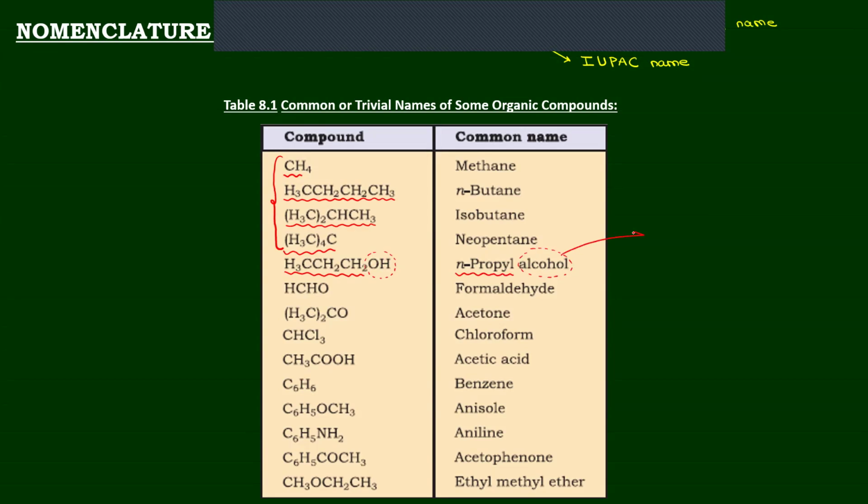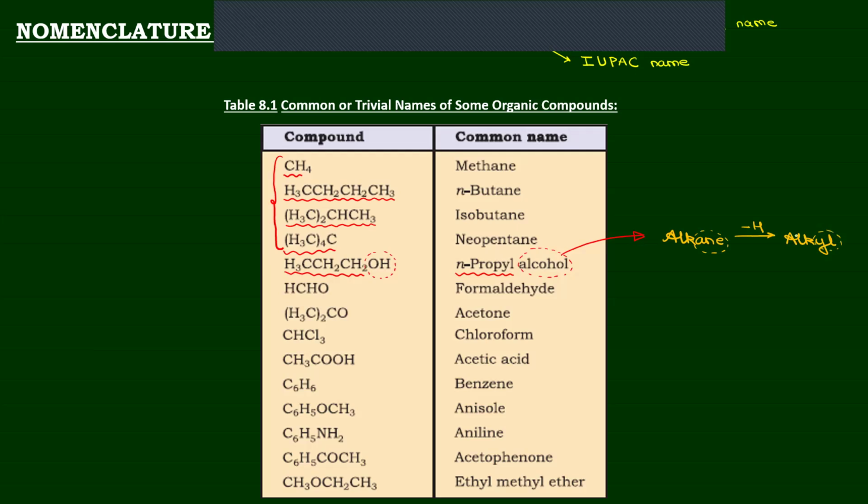So from here we come to the introduction of the word alkyl. What are alkyl groups? Whenever from an alkane we remove a hydrogen atom, we get the corresponding group which is called alkyl. The name is simply given by replacing the word "ane" by the word "yl".